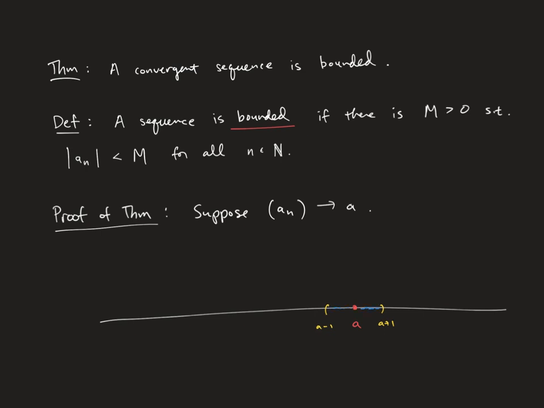So that means the tail of the sequence is clearly bounded. So let's say if 0 is over here, then all I have to do is take my m bigger than a plus 1 here, and that's going to cover all of these terms. So that's going to bound all of those terms.